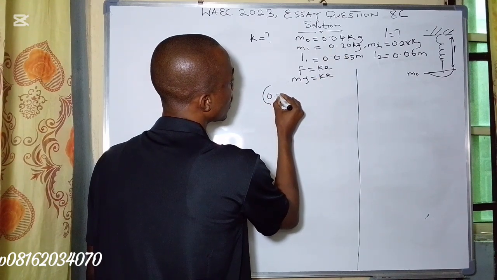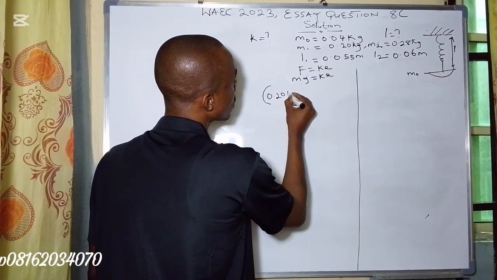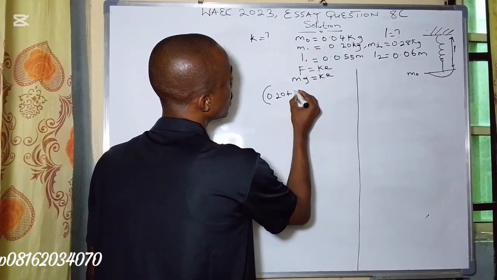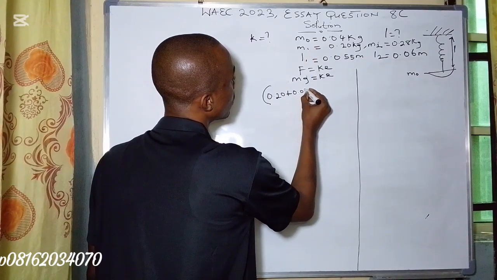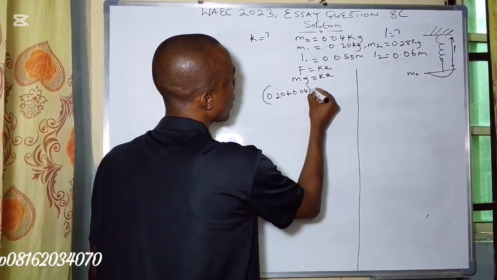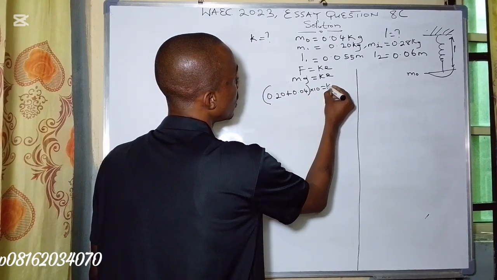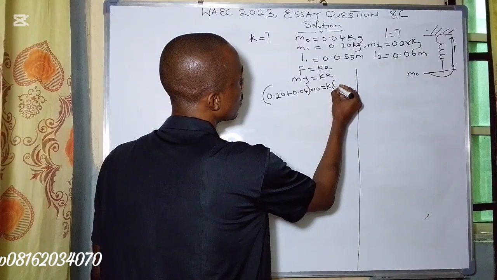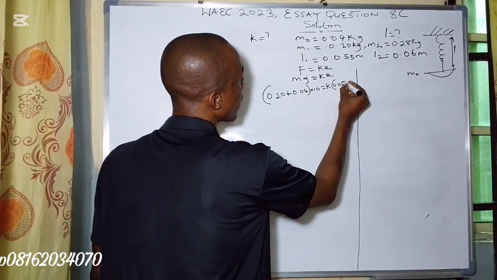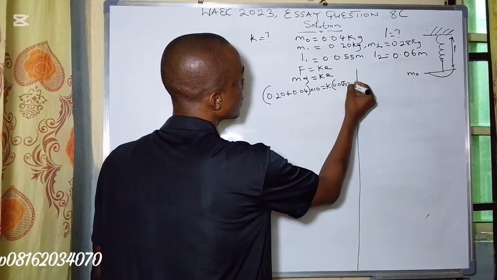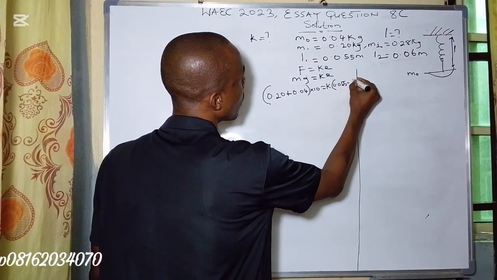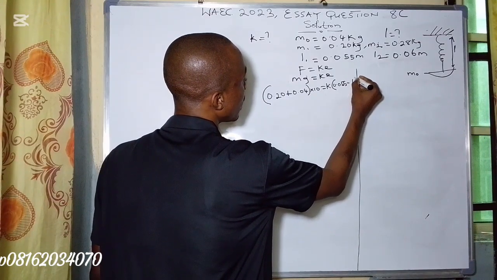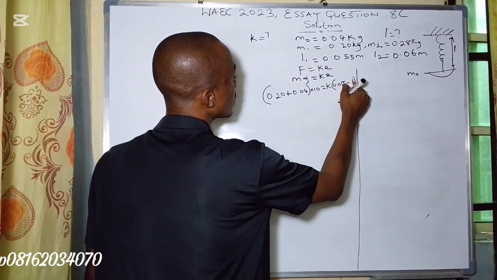0.20 plus the original mass, which is 0.04. Now multiply by g, which is 10, equal to K. Our extension will be 0.055 minus L, the original length.